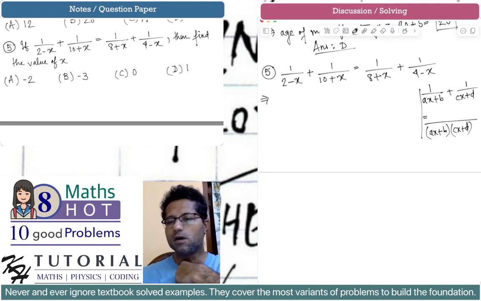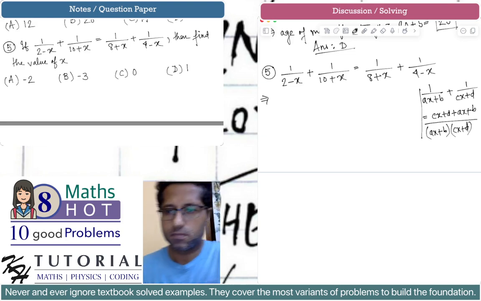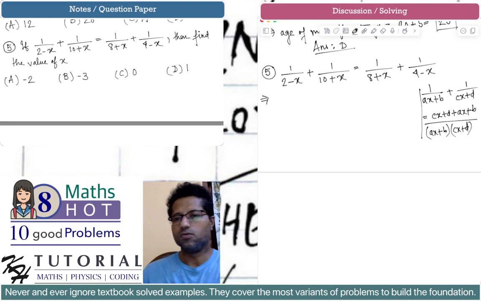So if you add up these two terms, the LCM becomes ax plus b multiplied by cx plus d, and the numerator will be cx plus d plus ax plus b. This is how you add this kind of rational terms, where the denominators have variables in a given equation.